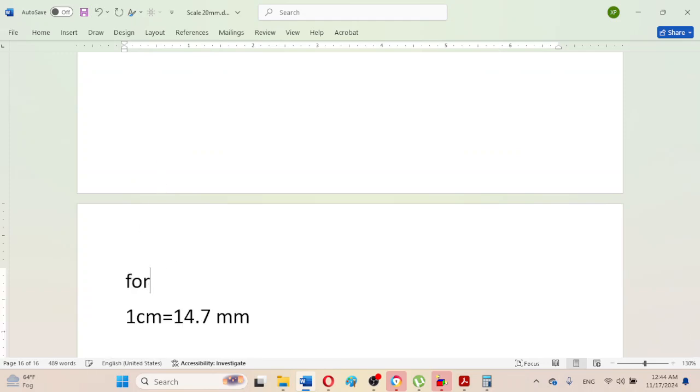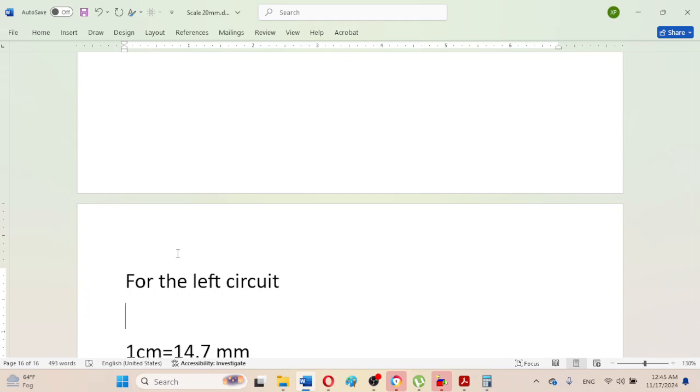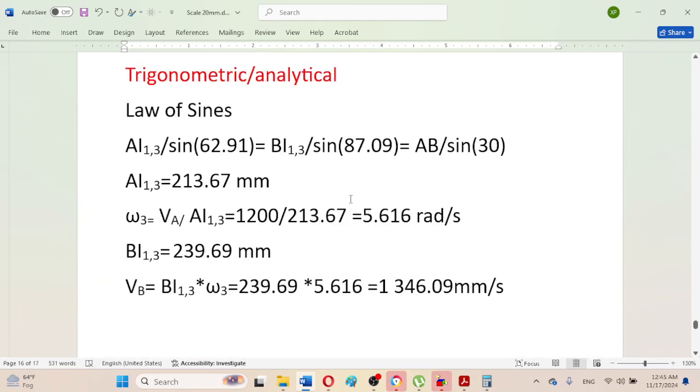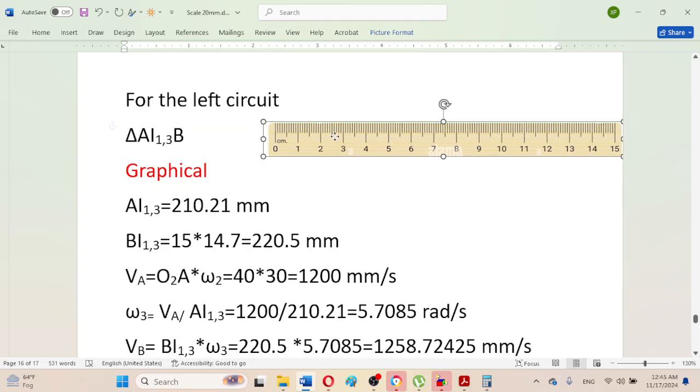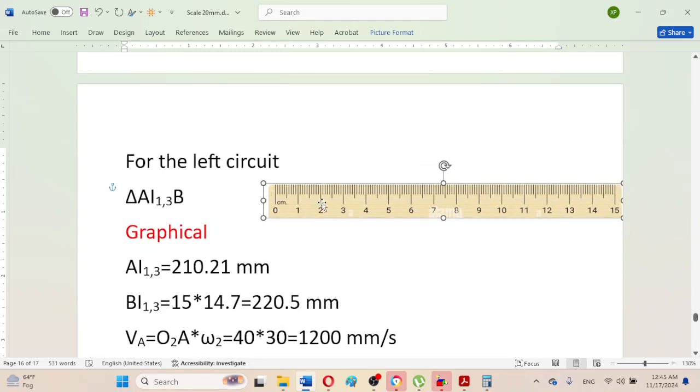For the left circuit I can just paste it here, and now I will be modifying it. This scale has been mistakenly copied, so it doesn't make any difference. So now I can just change these labels. So this is the A, I1,3 dash and B dash.